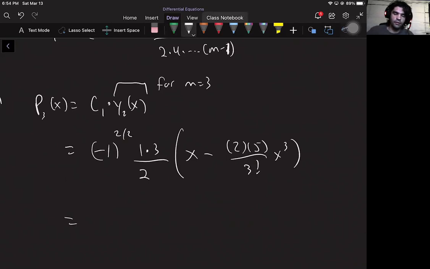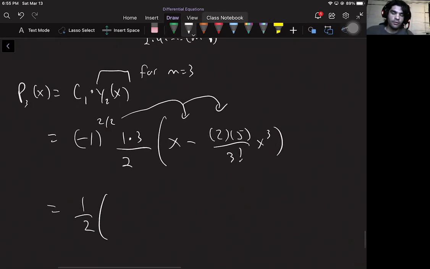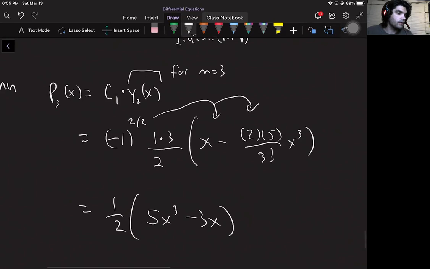And this becomes a negative, so you distribute the negative. And the 3, to just get a 1/2. And then we'll get 5x cubed minus 3x. That's going to be P3.